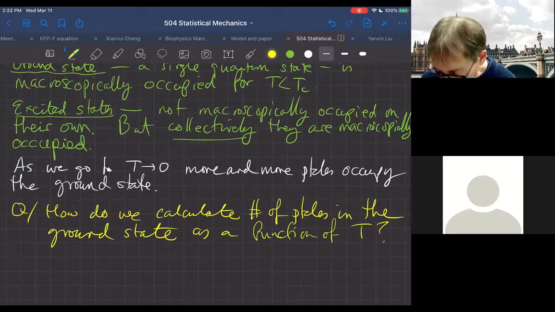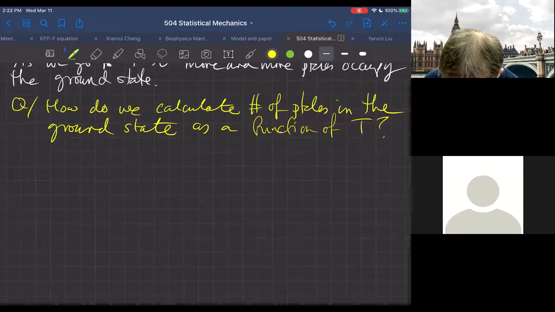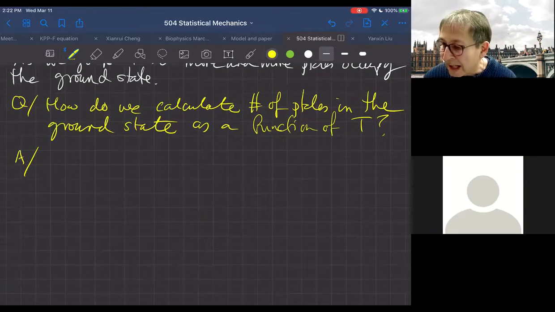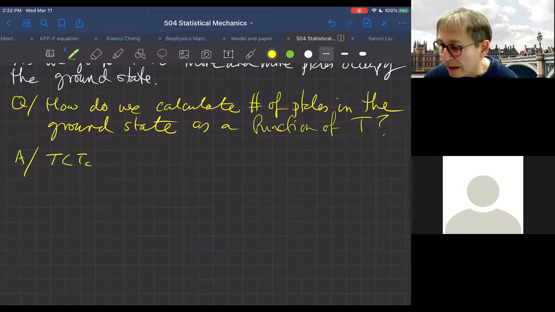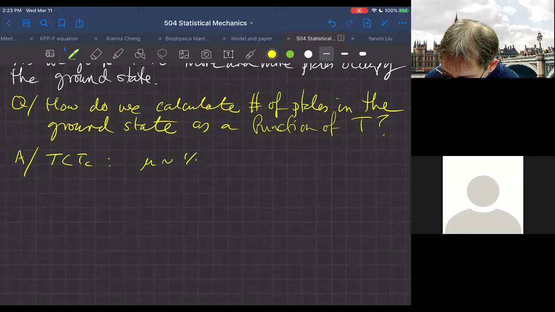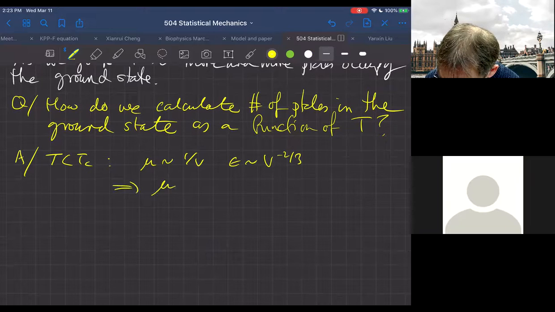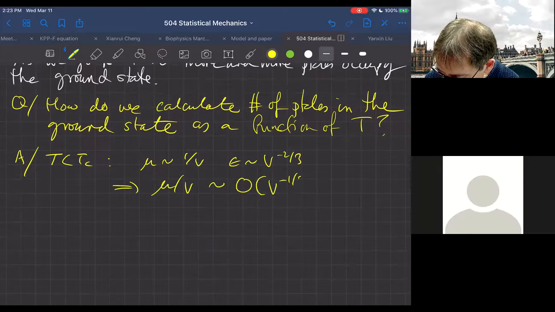Okay, well, that's easy because we can do a trick. The trick is this: when we're less than Tc, we saw that mu and the energy scale in different ways. So for T less than Tc, we know that mu scales like 1 over v, epsilon scales as v to the minus 2/3, and so therefore mu over epsilon scales like order v to the minus 1/3.